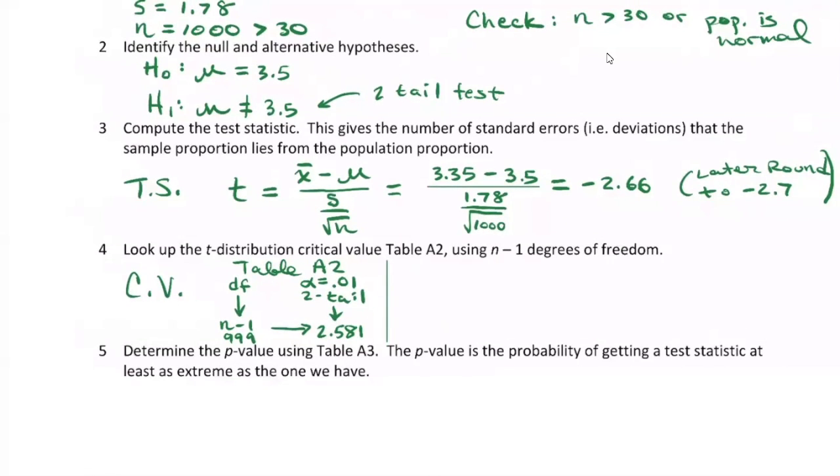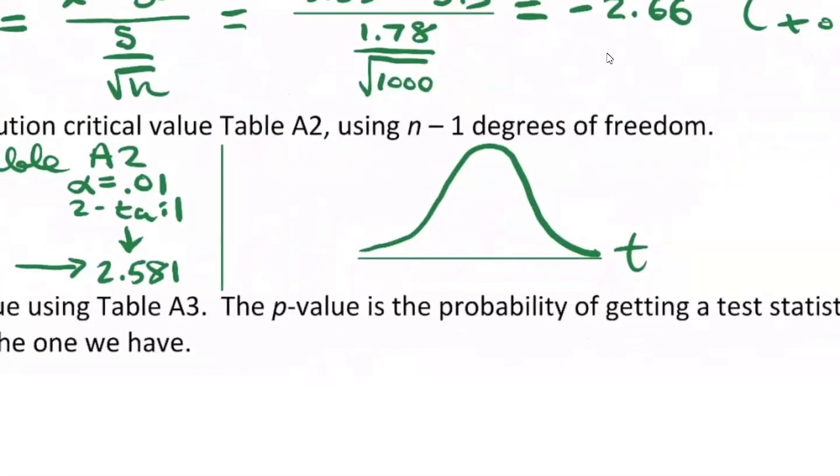Maybe a little picture of that. Remember, this is a two-tailed test, so for the critical value, it's a plus or minus. It could be in either direction. So again, it's a t distribution. So I'm going to put a 2.581 down, and a negative 2.581 on the other side.